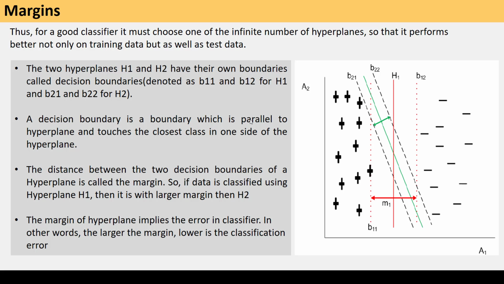So the positives and negatives are on both sides, differentiated by the line H1, and H1 is nothing but the hyperplane. Then there are two dotted red lines, B11 and B12, which are actually parallel boundary lines of the hyperplane.